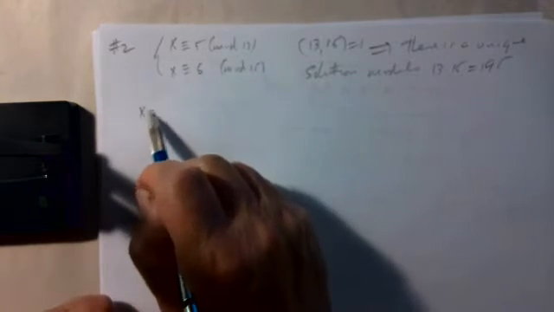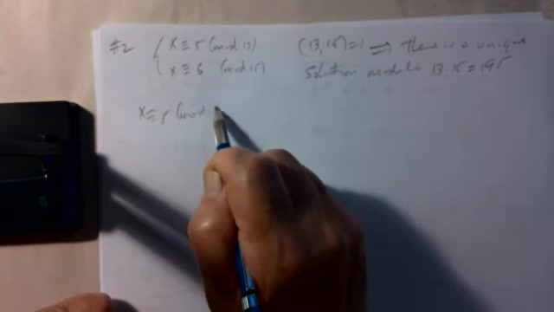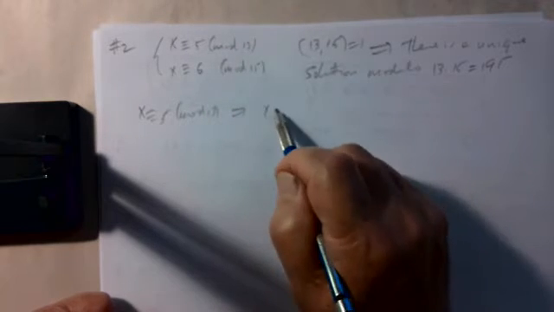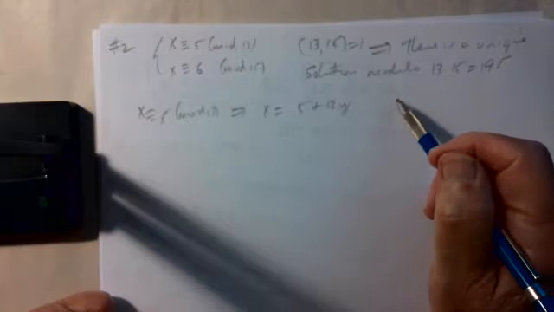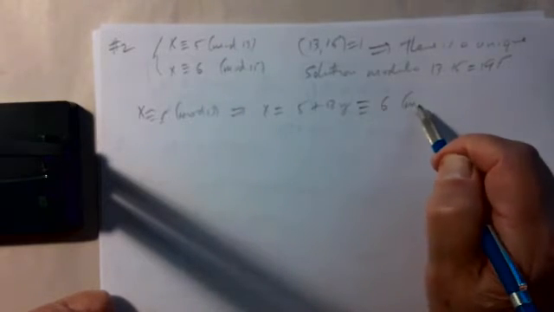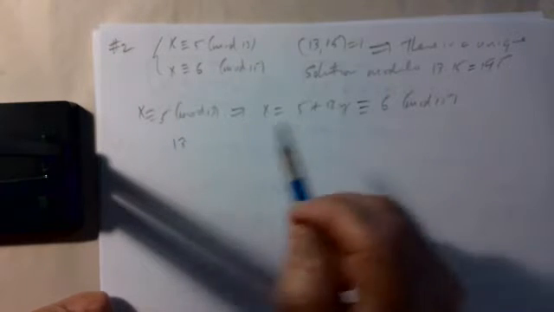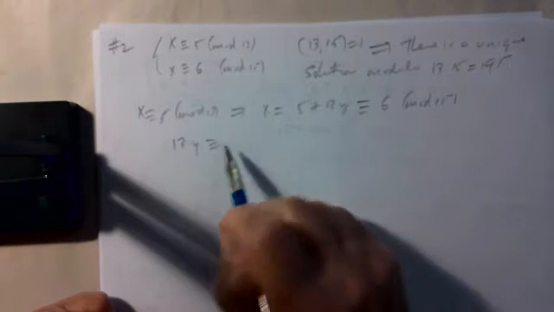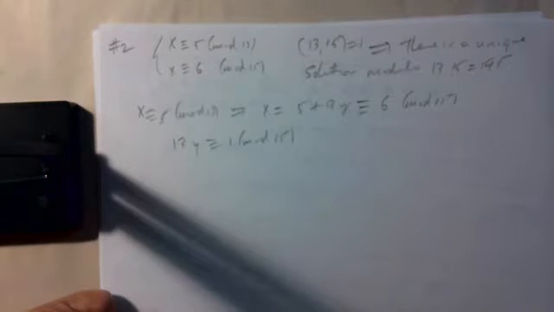Well, if x is congruent to 5 mod 13, that means x is a number of the form 5 plus 13y for some y, and that has to be congruent to 6 mod 15, which means 13y has to be congruent to 1 mod 15.